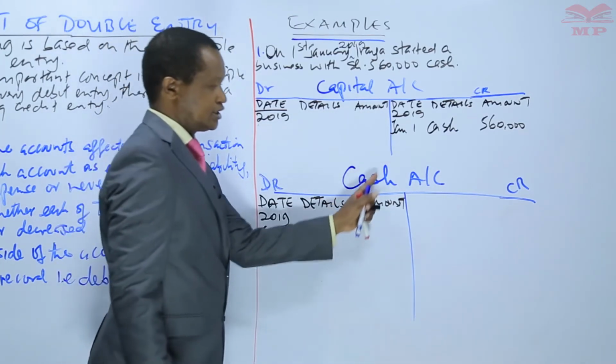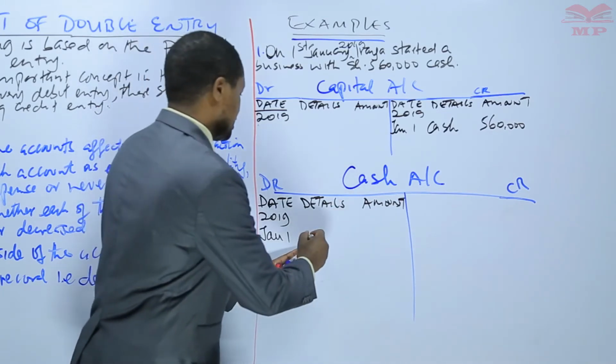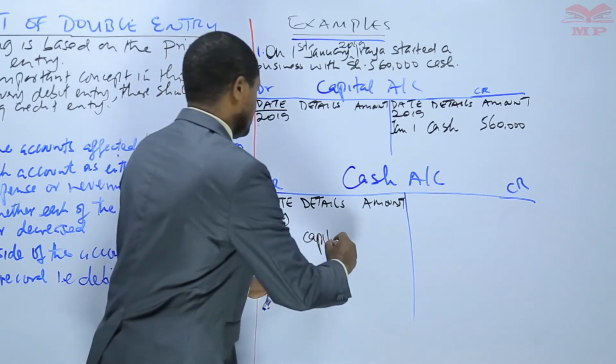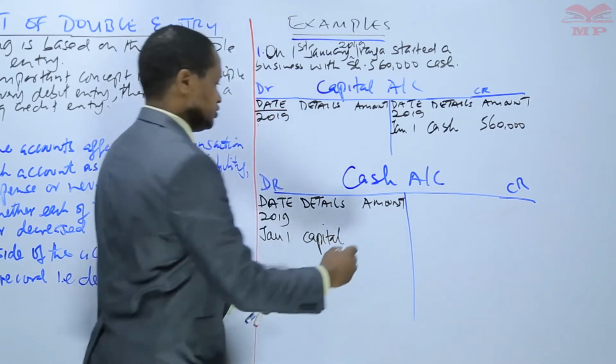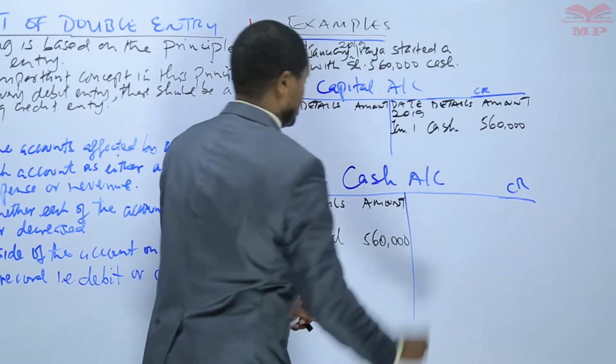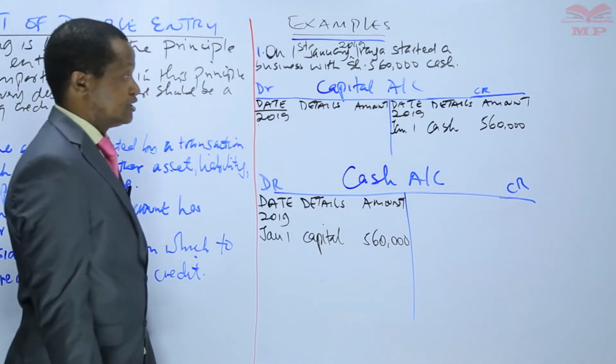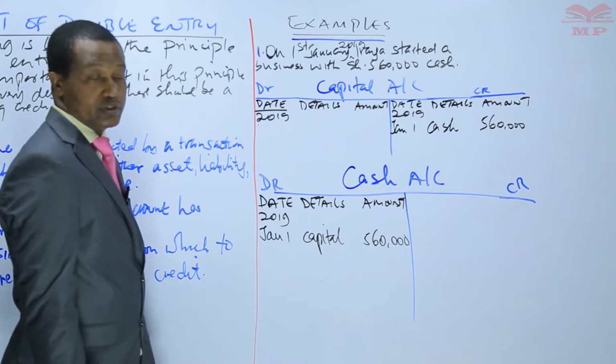This is the cash account, which has received 560,000 from the capital account. So we have effected the transaction, double entry.